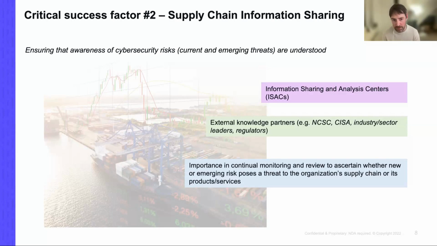Perhaps some of the more notable are NCSC in the UK, the National Cyber Security Centre, or CISA in the US, who are very well-known bodies, particularly when it comes to new and emerging threats and providing guidance and advisory, whether to small and medium enterprises or wider industries and sectors. And of course, any notable sector leaders and even regulators themselves. So there are a lot of different partners and organizations that companies become members of, just to have visibility of what's happening.